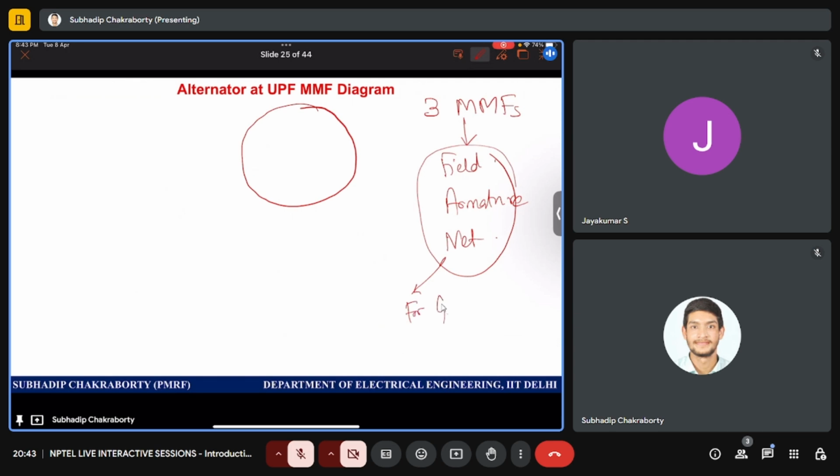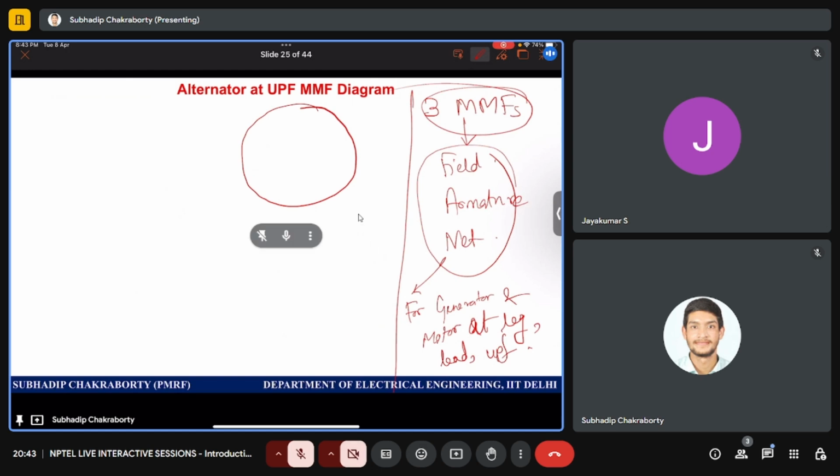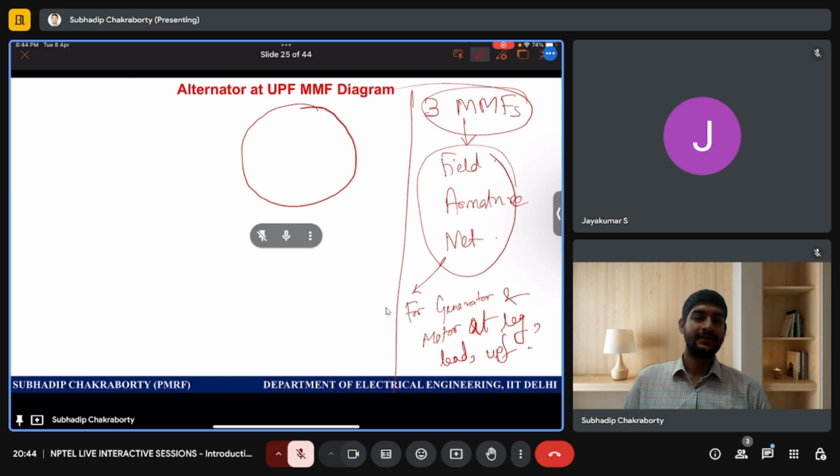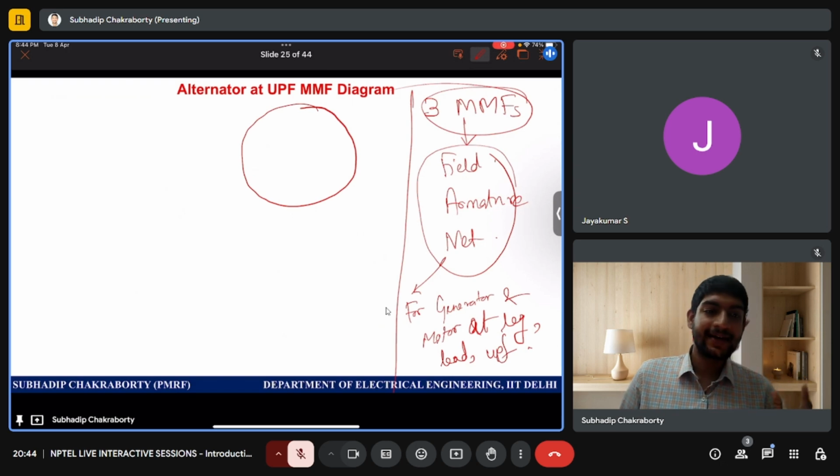For generator and motor at lag, lead and UPF, how the MMFs magnetize or demagnetize or cross magnetize or have an effect on the actual field MMF. That is the analysis, that how the armature reaction is playing a role for different loads.